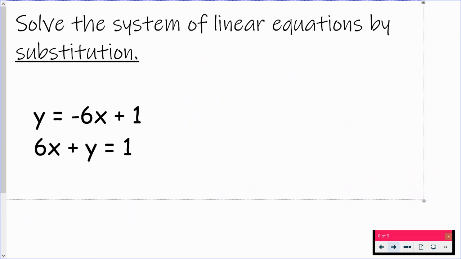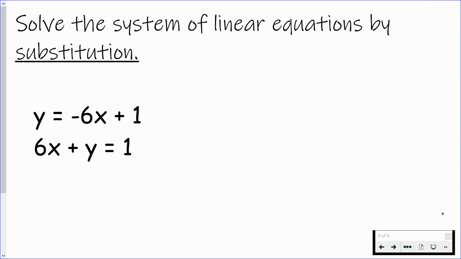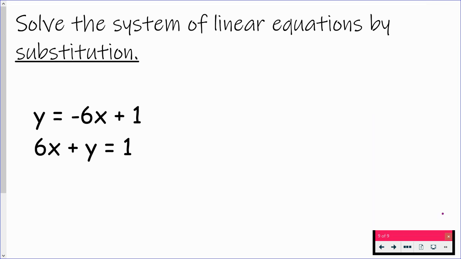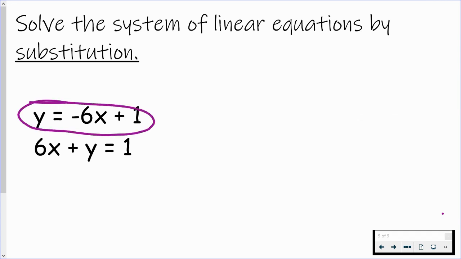And finally, example 3. Let me just get this box out of the way. We notice the top one is y equals. I'm going to substitute it in where the y is.